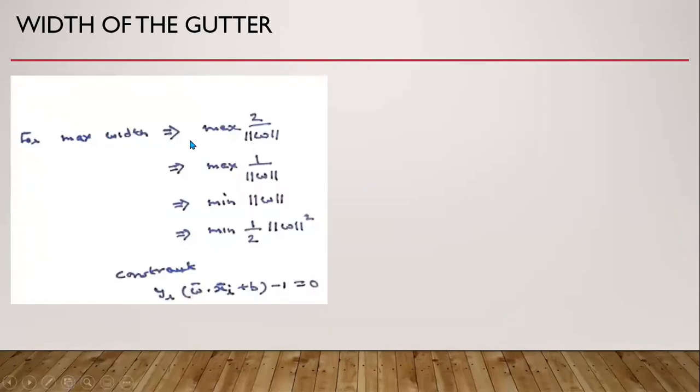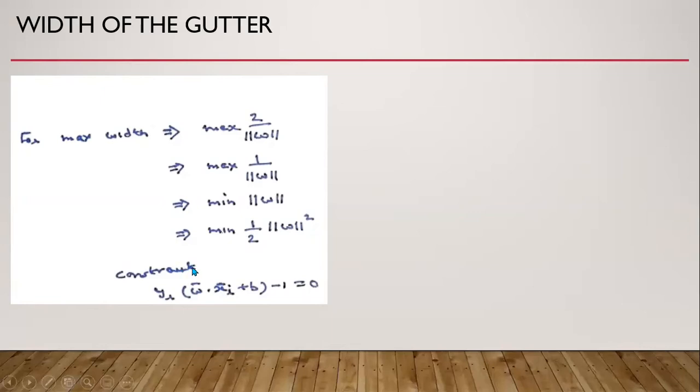So our objective is to have the maximum width of the gutter or street. So we need to maximize this quantity 2 by the magnitude of vector w, or we can minimize the magnitude of vector w, or we can minimize half of the square of the magnitude of vector w.